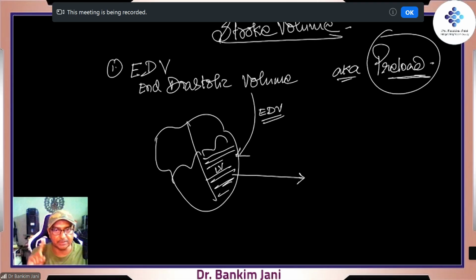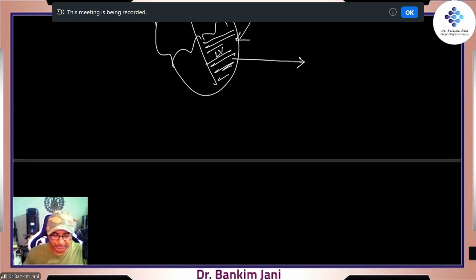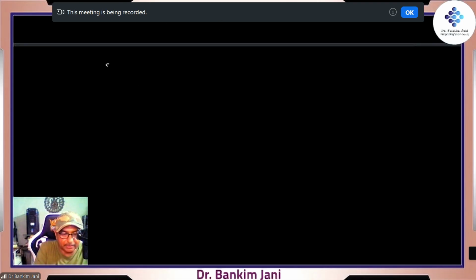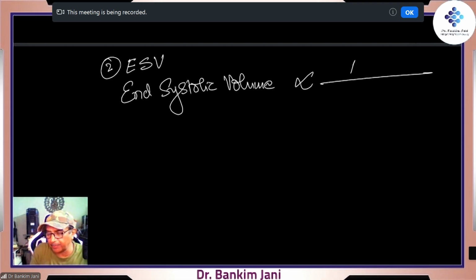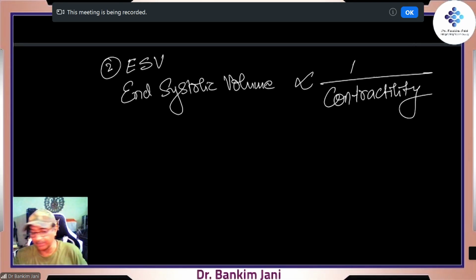So this is first. The second value would be easy to understand. This is end systolic volume, ESV. Now this end systolic volume is inversely proportional to the contractility. Now let's see what it is.